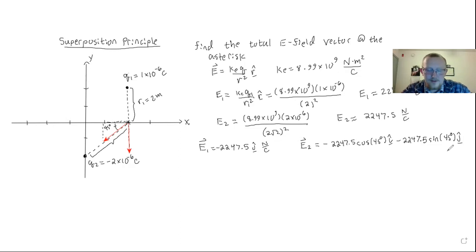All right, so I will just go ahead and get this all into decimals. So E2 equals, it has this much of an x direction component, and of course the y direction component is going to be equivalent because sine of 45 and cosine of 45 are the same.